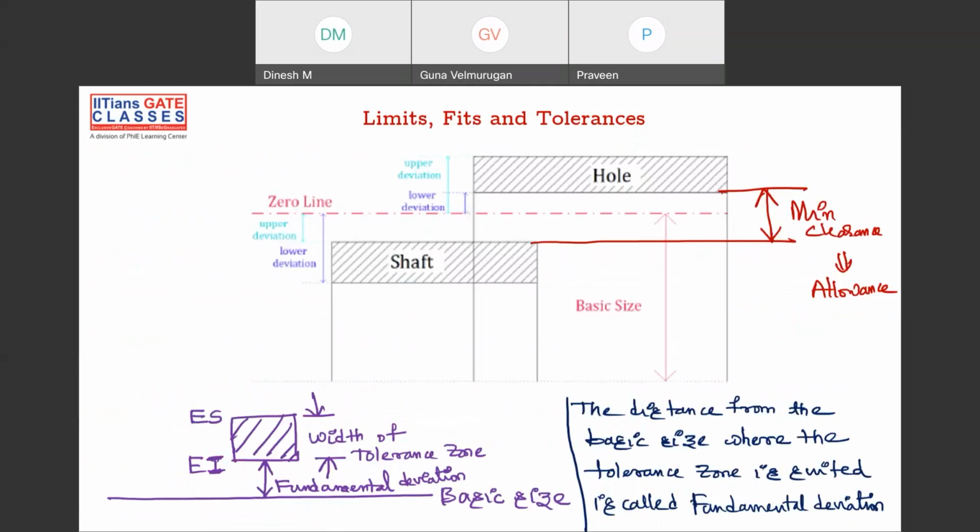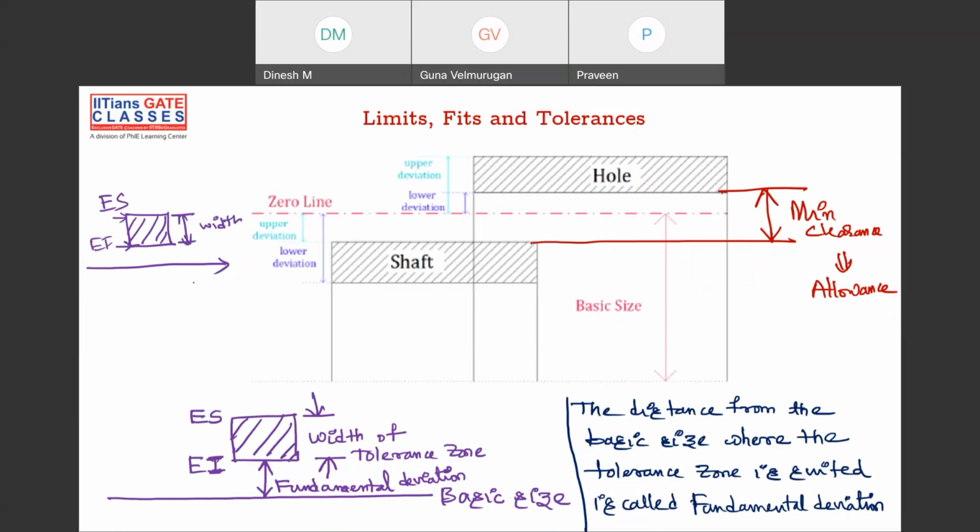So if you see, this is the basic line, and both limits are above it, in the sense the lower limit is above and the upper limit is also above, but still ES and EI give the tolerance gap. This is the width of tolerance, right?